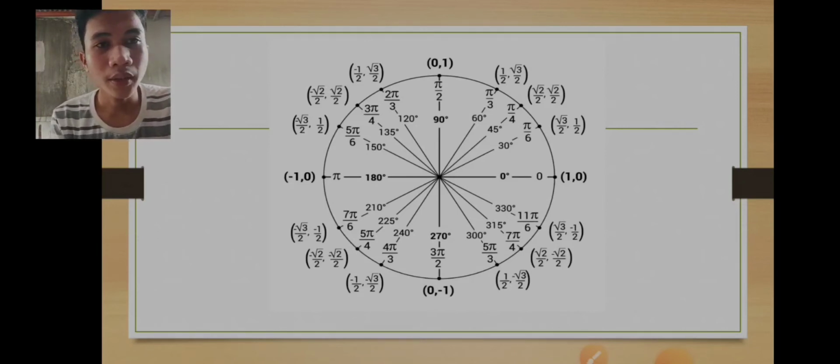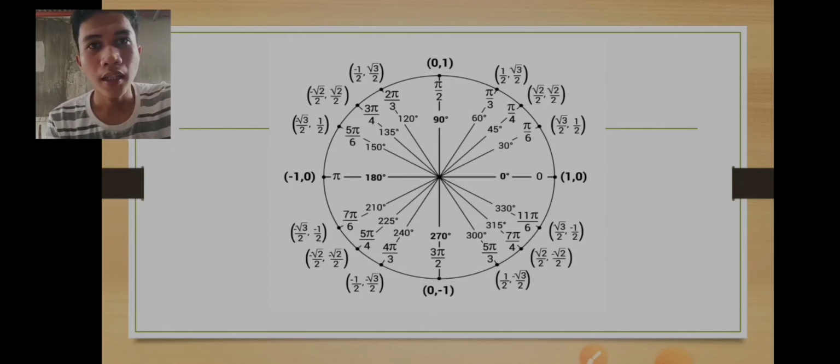In quadrant 3, we have 210 degrees, 225 degrees, and 240 degrees. The coordinates of 210 degrees or 7 pi over 6: the cosine is negative square root of 3 over 2 and the sine is negative 1 half. At 225 degrees or 5 pi over 4, the cosine is negative square root of 2 over 2 and the sine is negative square root of 2 over 2.